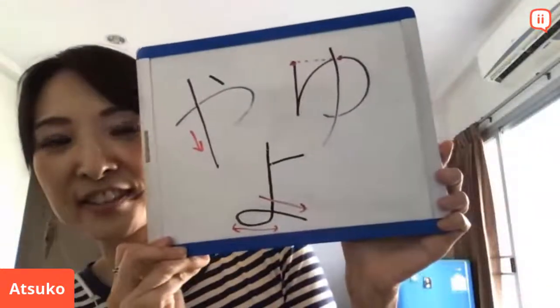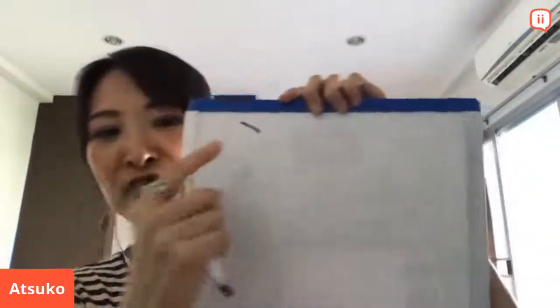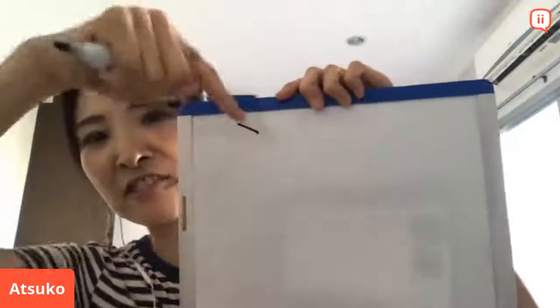はい、やゆよいいですか？やゆよ。はい、じゃあ、next。ラリルレロですね。Outline. ラリルレロ。ラ. First stroke. Go down. It's very short.